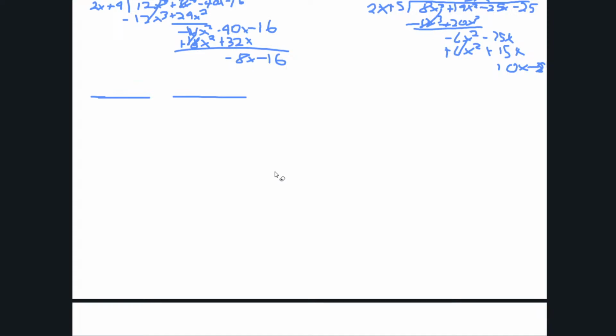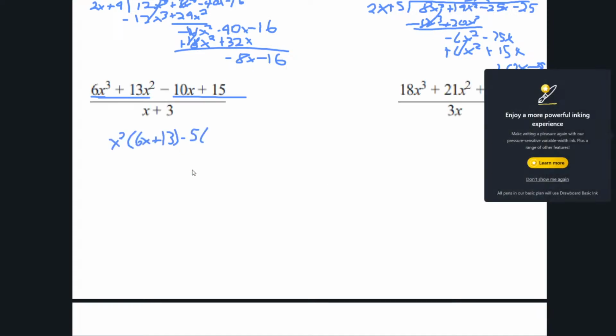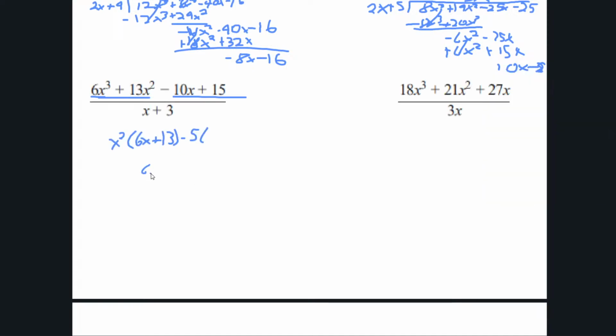Oh, I made the same mistake. Okay. 6x cubed plus 13x squared minus 10x plus 15. We're going to divide this by x plus 3. So to get this to the 6x cubed, we're going to multiply by 6x squared.